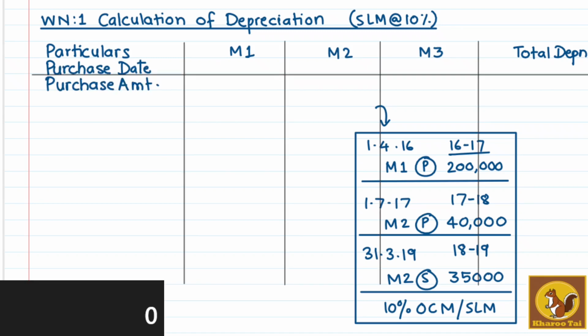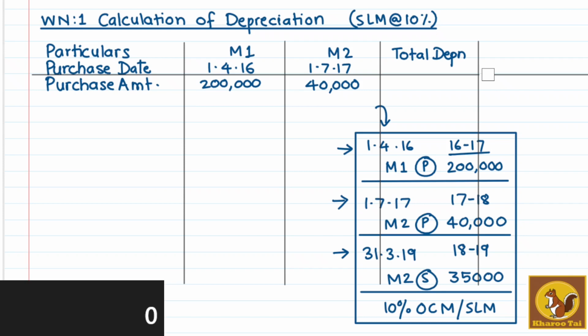So in first financial year 16-17, on 1st April 16, we had purchased this machinery for 2 lakhs. Then on 1st July 2017, for 40,000. Oh, this is not third machine, but we have sold the second machinery. So let's change the working. So working is changed and first 2 years data is not required. So we'll clear that out.